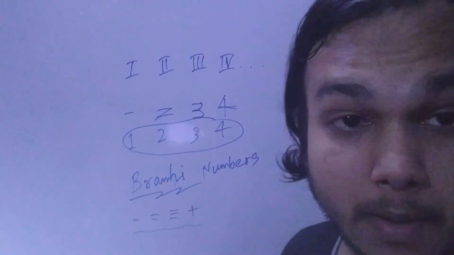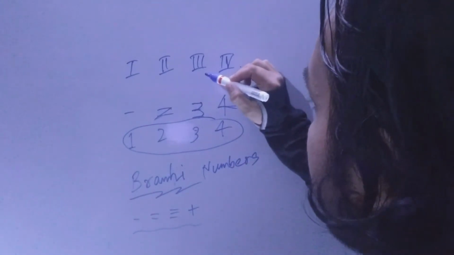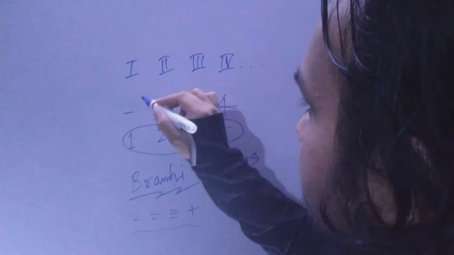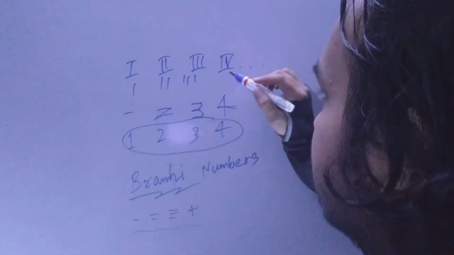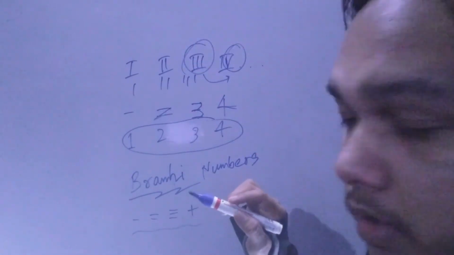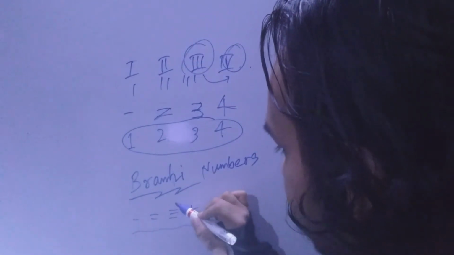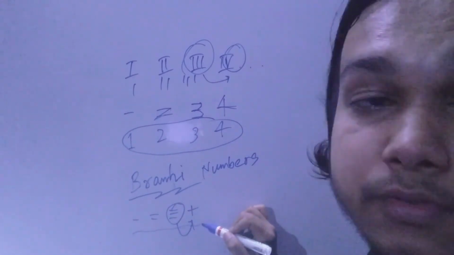So what I'm going to say in my next video is why this writing style, this double and triple line style, has suddenly changed just after number 3. Here also the writing style changes just after number 3.